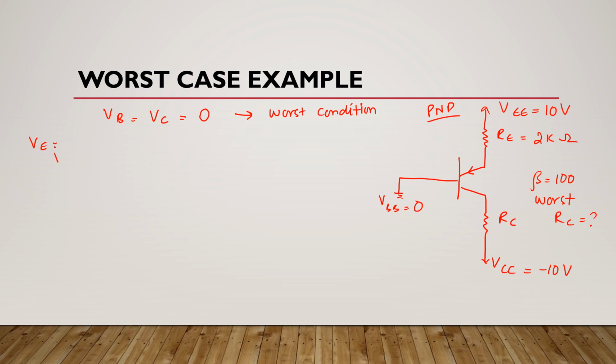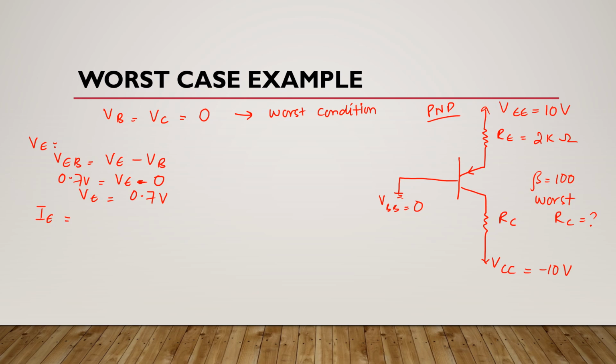Here this transistor is PNP, so we'll have VEB is equal to VE minus VB, and it is 0.7 volts, and this VB is 0, it means here this VE is 0.7 volts.